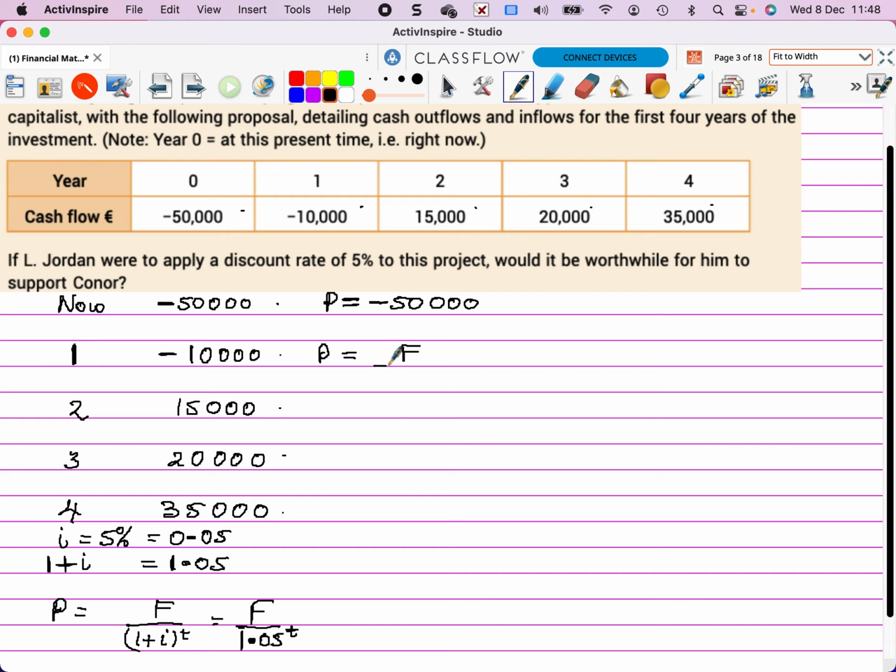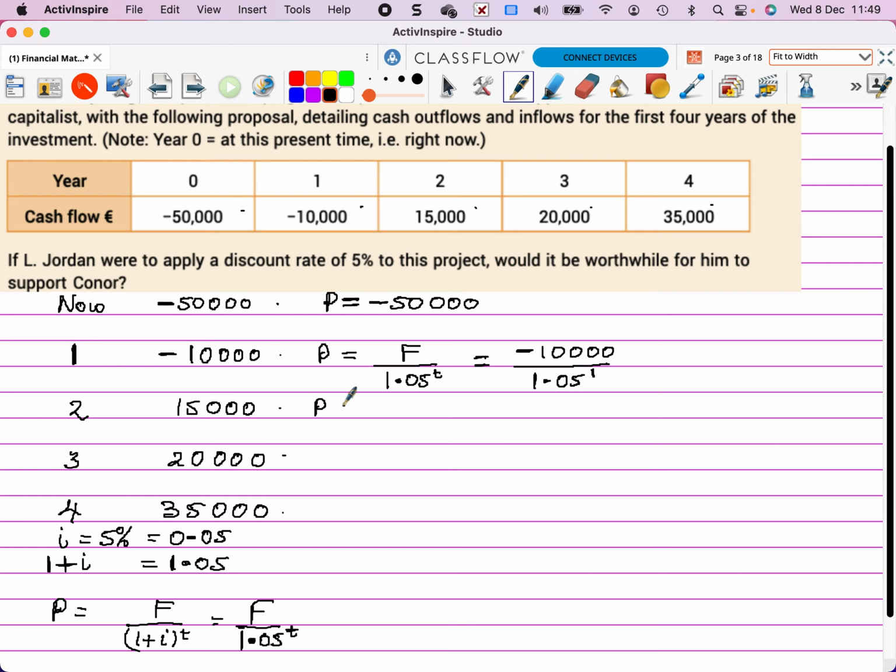The formula is future value over 1.05 to the power of t. But the future value on this line is minus 10,000, so I substitute that in. The interest rate is 1.05, and how many years do I have to bring this back in order to find out what it's worth now? And the answer is just 1 year, so it's 1.05 to the power of 1.